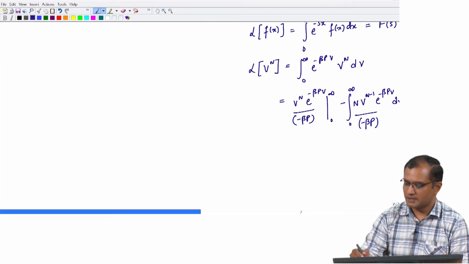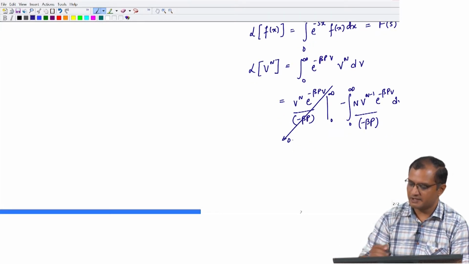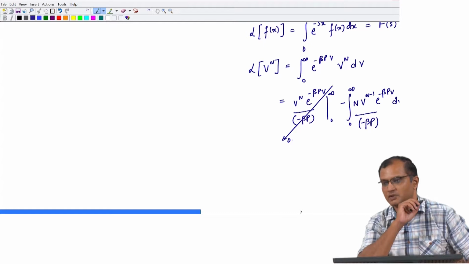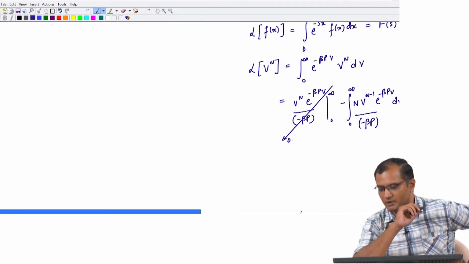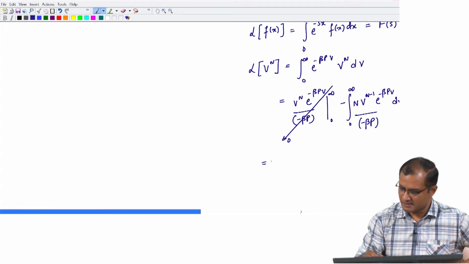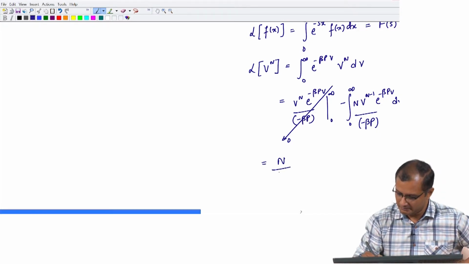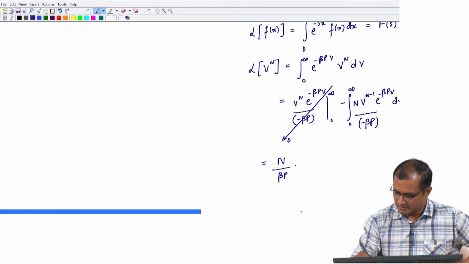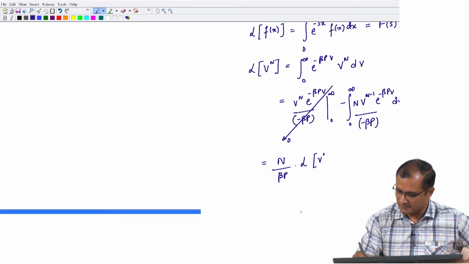Okay. So, as you can see, the limits will give 0 here, because at infinity e raised to minus beta p v will dominate and at 0 v raised to n will dominate. So, this goes to 0, what you have is just n upon beta p into Laplace transform of v raised to n minus 1.